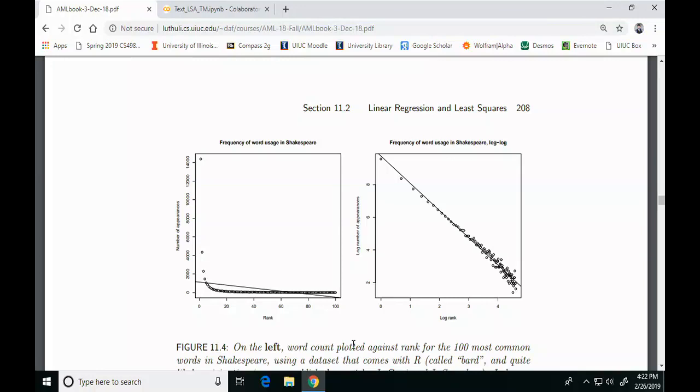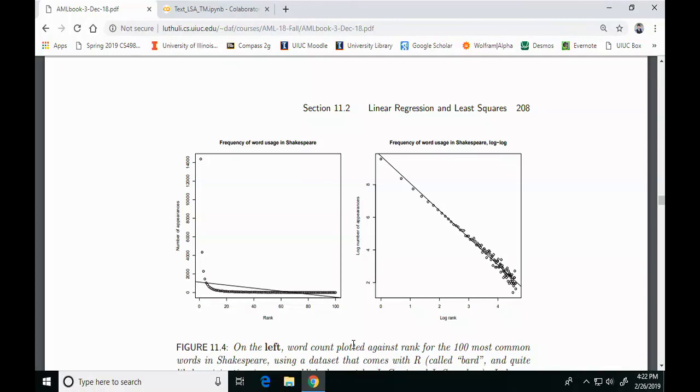So you often can transform your data in some way where it will fit the model better. Or rather, you can make a model that fits the data better. So right here, what we did is we took a log-log transformation. We transformed the y to be the log of y, and we transformed the input to be the log of the input. And what we get is something that is much more linear in its behavior.